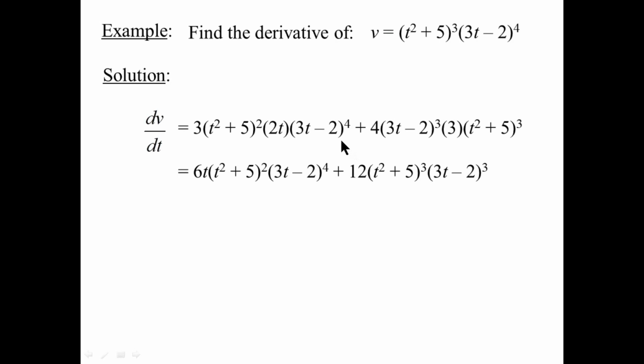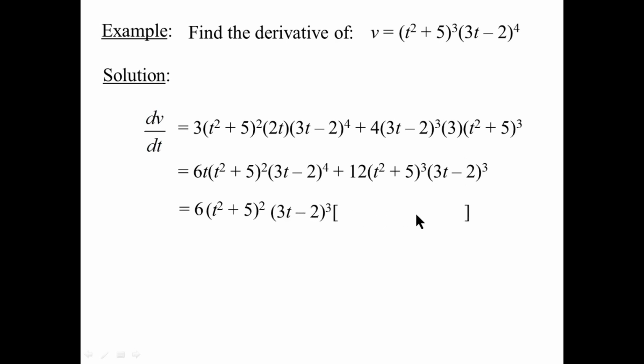6t and 12 will take out the common factor of 6. (t squared plus 5) squared, (t squared plus 5) cubed, will take out (t squared plus 5) squared. Always the lower one out of the 2. (3t minus 2) to the 4, (3t minus 2) to the 3, take out (3t minus 2) to the 3.